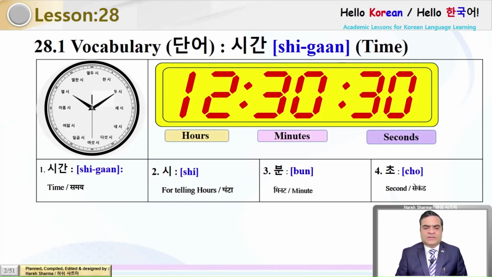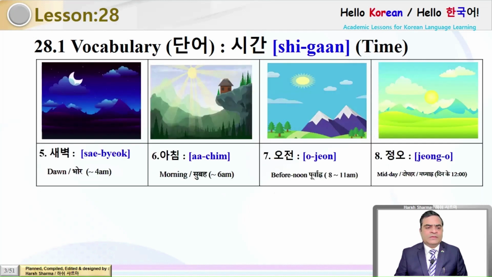Number 2, 시. 시 is used for telling hours. Number 3, 분 for minutes. Number 4, 초. 잘했어요 여러분. Let's move to next.